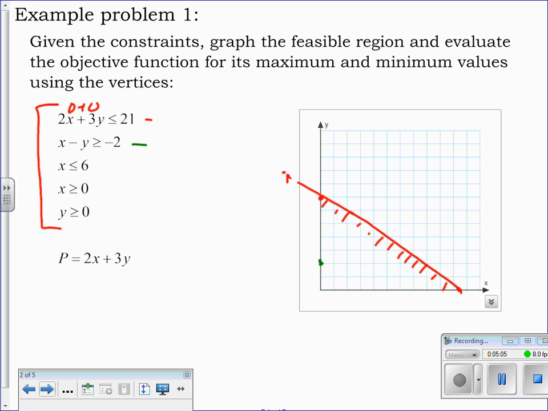I only have positive x's and positive y's. So in order to graph this, I actually need to rearrange it, subtract the x from both sides, multiply everything times -1. I get y is less than or equal to x plus 2. That's what I'll have when I rearrange that one.